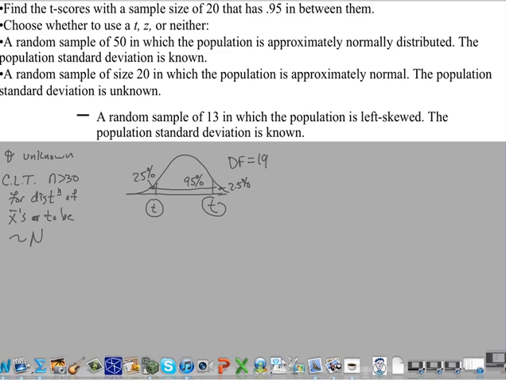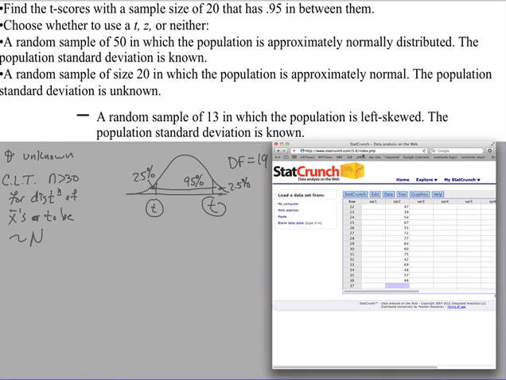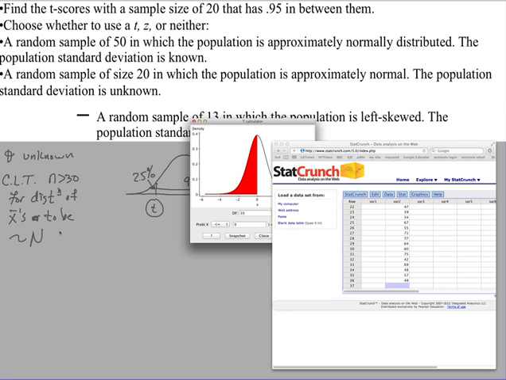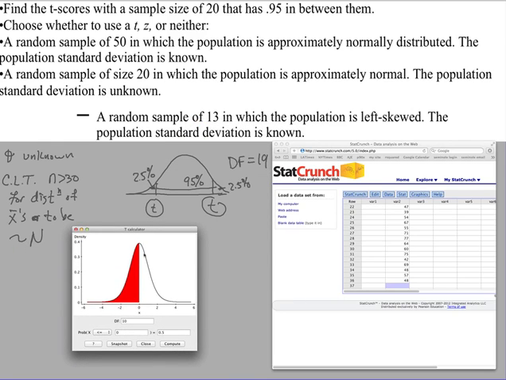So what we want to do is pull up StatCrunch. We go Stat, Calc. I want to go to T now. I'm not in Z's, I'm in T's. You're a T calculator. You see these curves will change. If you look at the Z's, they'll always look the same. So I need a degree of freedom of 19.